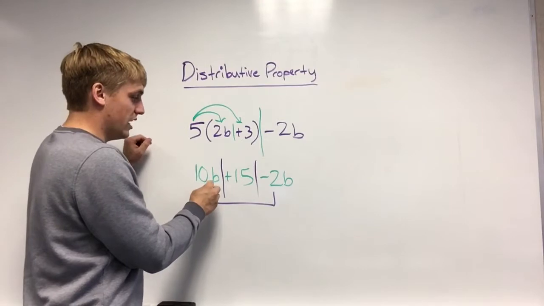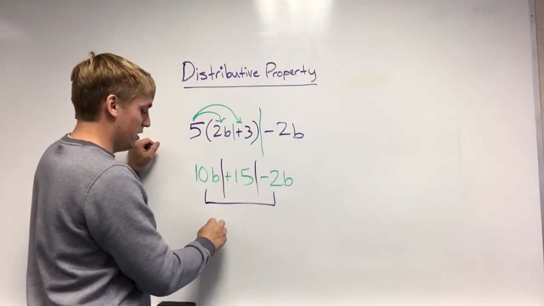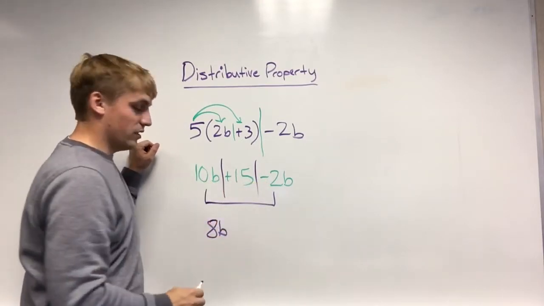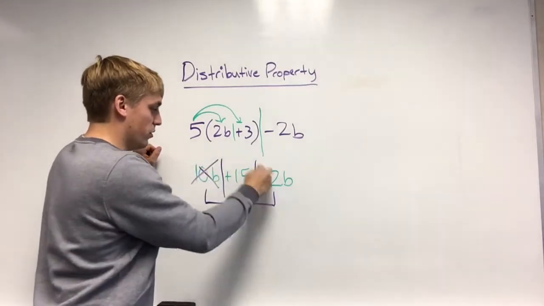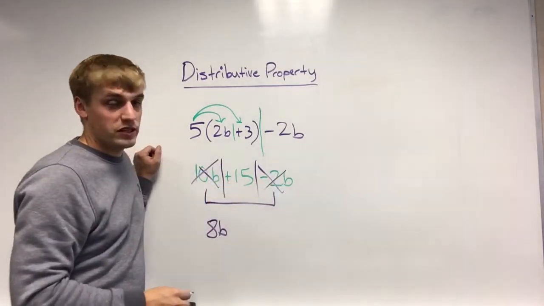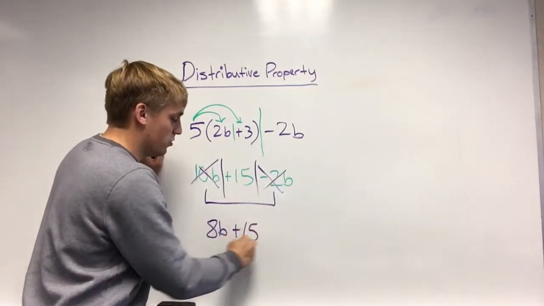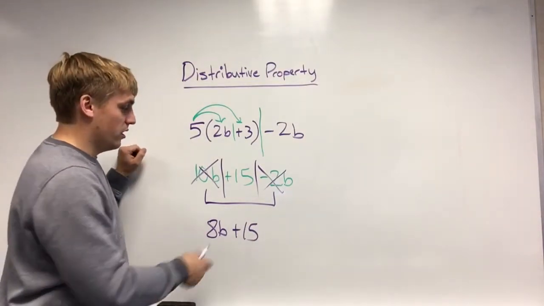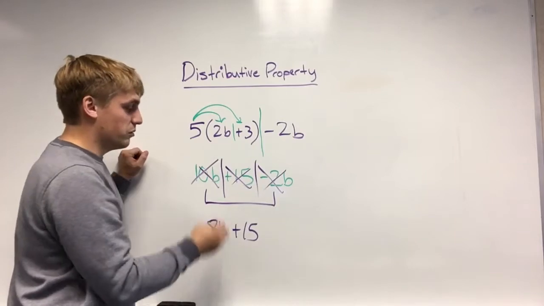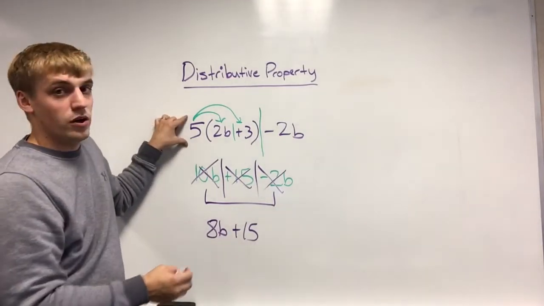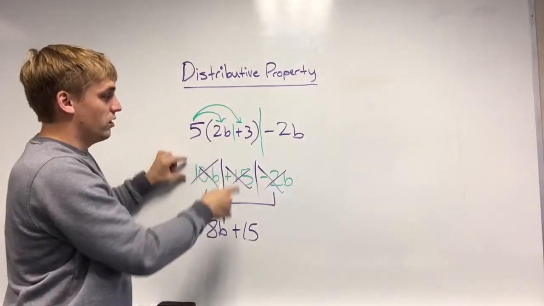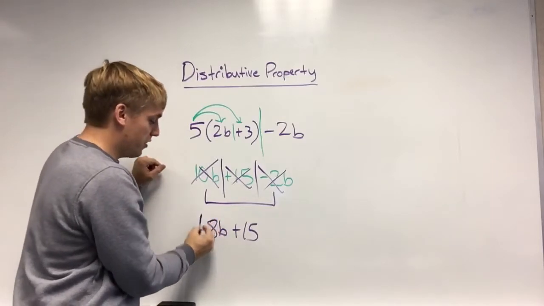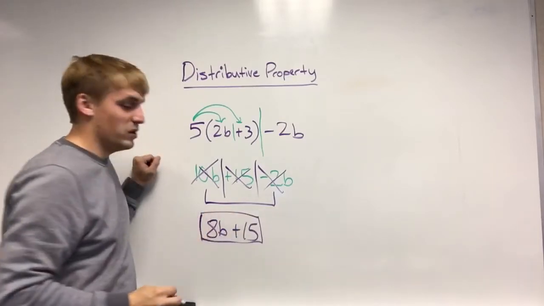So we take 10b minus 2b, and we get 8b. These go away. We bring down the last term, that's all by itself. It has no like terms, so we don't have to combine anything with it.